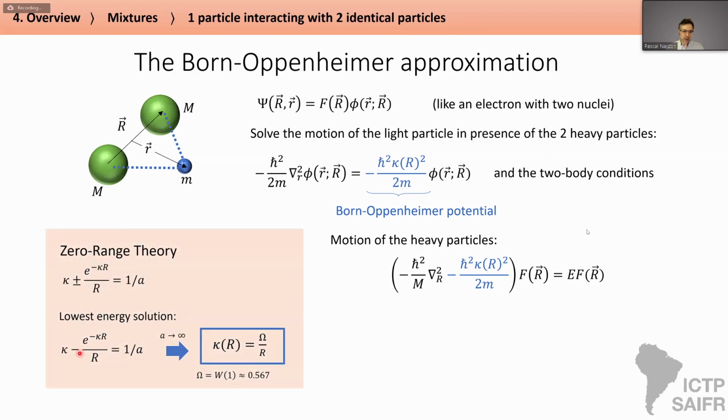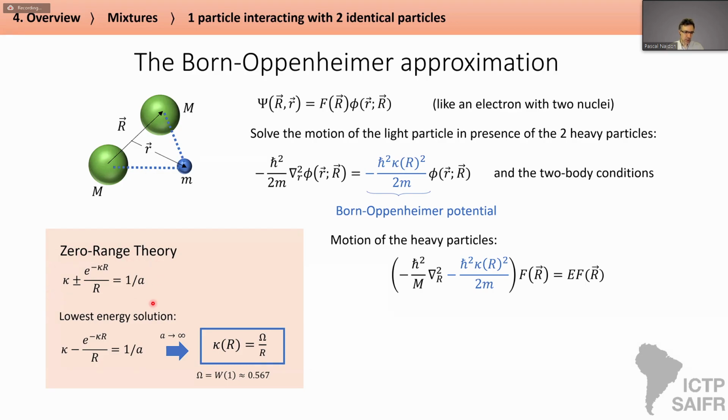So if we apply the zero-range theory to calculate the energy of the light particles, one finds a simple equation for this binding wave number kappa, which is simply kappa plus or minus exponential minus kappa r, where r is the distance between the heavy particles, divided by r, is equal to 1 over a.